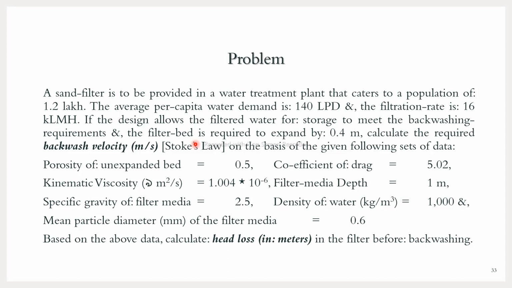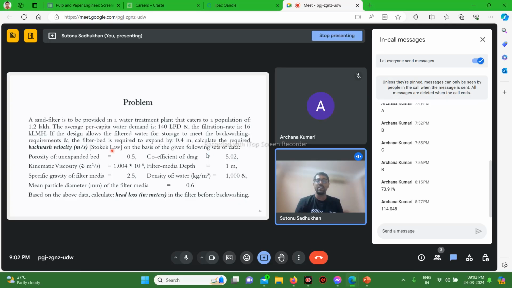Actually we will discuss that in the next class. So yes, definitely Reynolds number is used, but once the Stokes law regime is mentioned in the question, then you just use the formula for Stokes law. You don't have to worry about that. But generally, if it is not mentioned in the question, then obviously you have to consider that. We will discuss it in the next class.